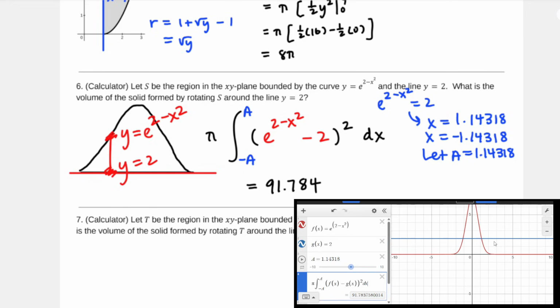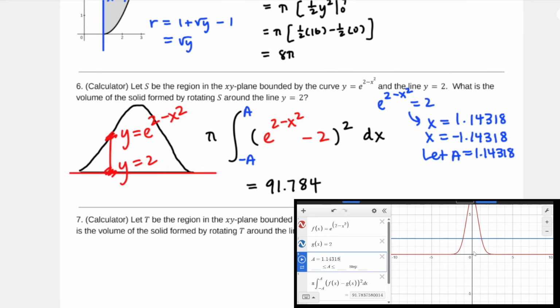Okay, a couple of points about this. It's important that we use actual pi here, not type something like 3.14, because we need to be accurate to 3 decimals. Also, if you round off a to 3 decimals, 1.143 is not as far off from 1.14318 as, say, 1.14399 or something, especially if you truncated.